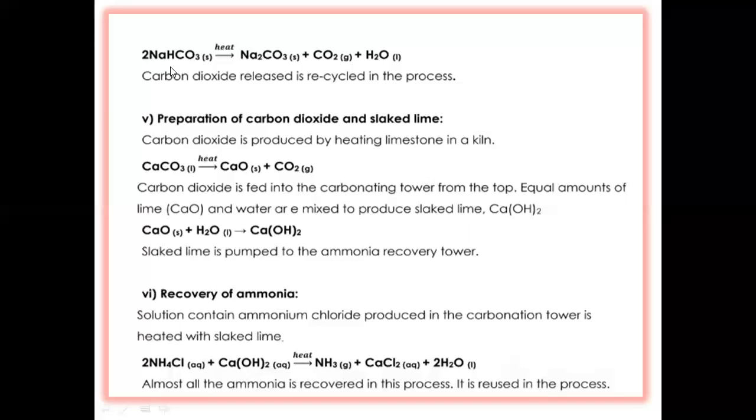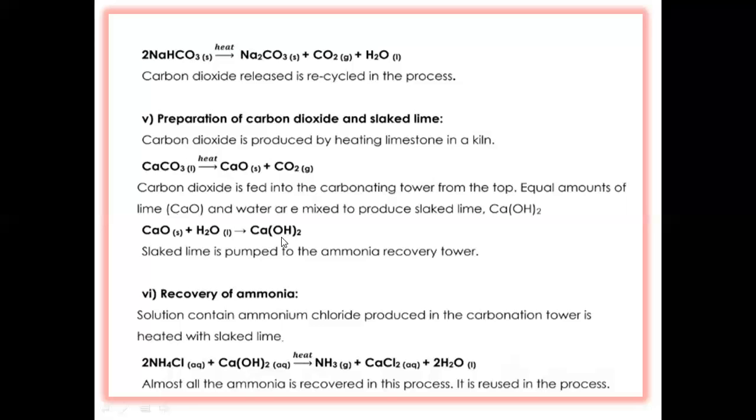That ammonium chloride will react with the calcium hydroxide, which is formed from the limestone, which gives calcium oxide, and this calcium oxide, after reaction with water, will give us calcium hydroxide, which is called slag lime.